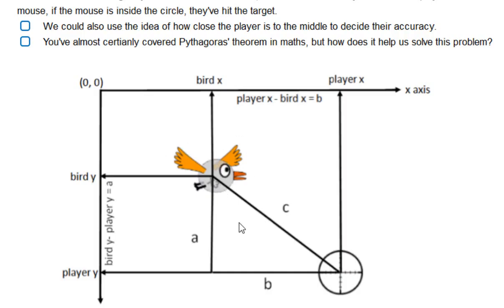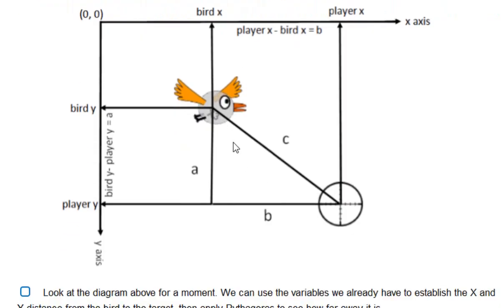Well, we can use Pythagoras to solve this, because actually what you've got here is a triangle problem. So let's look at what we've got. Here's my targeting reticle. I'm going to treat that as 1 point in a triangle. Here's the bird. I'm going to treat the dead centre of the bird as also 1 point in a triangle. And I can form a right-angled triangle from the other 2 points.